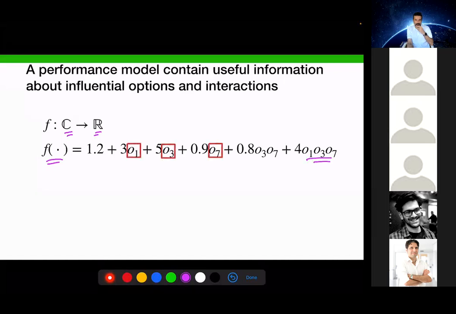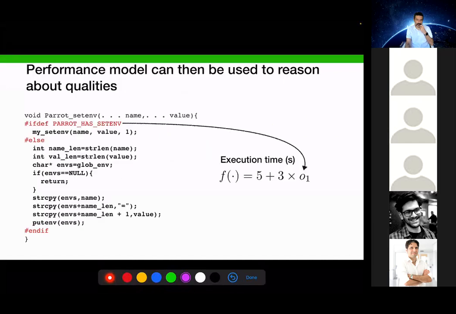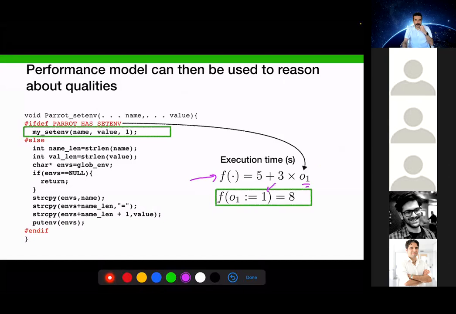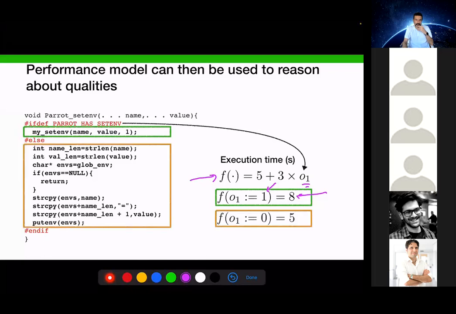So you have a bunch of options, you have the coefficients for each term, and also you have some interactions. This means that, for example, for this particular system, we have one option. And imagine that this is the underlying performance behavior. If you enable this option, this is the performance that you would expect to see. And if you disable it, this is the performance you would see.